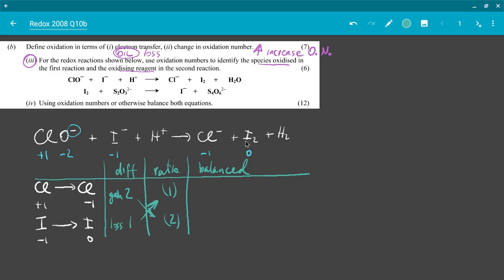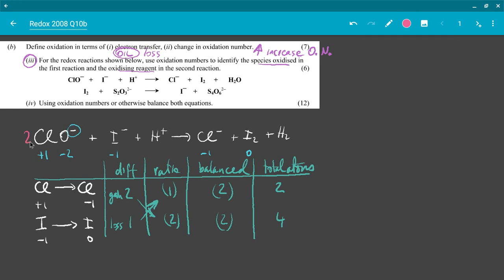And then balance: how are we doing for atoms? We've got 2 atoms of iodine there, so we're going to need 2 of those, and then we'll need to apply a factor of 2 to chlorine as well to keep this ratio constant. Total atoms of chlorine is 1 by 2 is 2, and iodine 2 by 2 is 4.